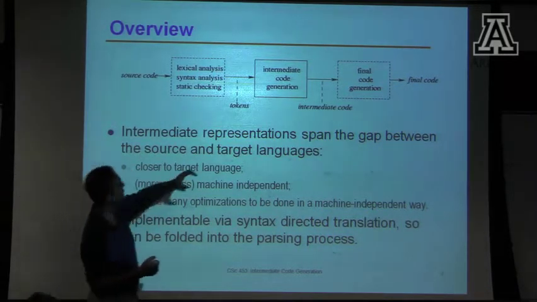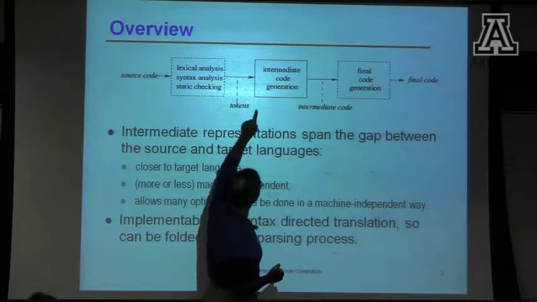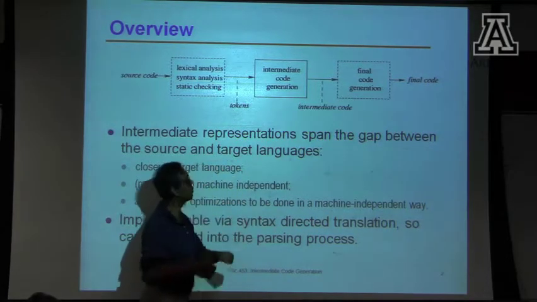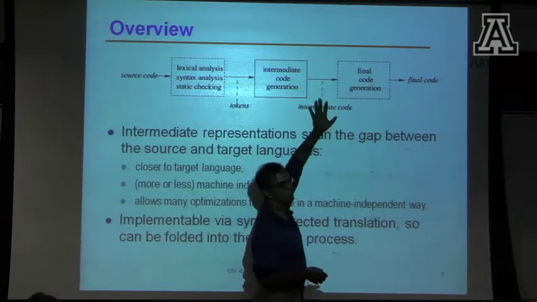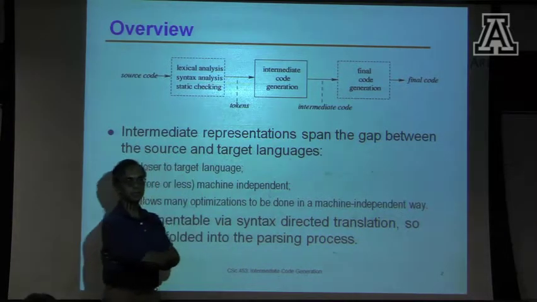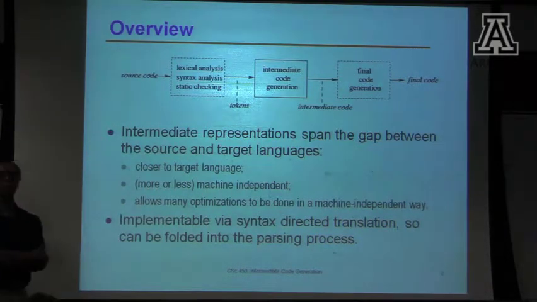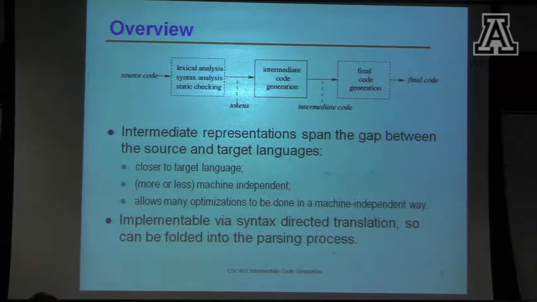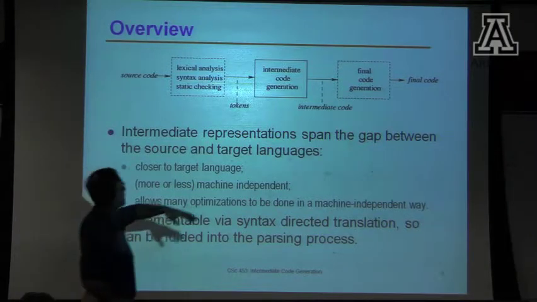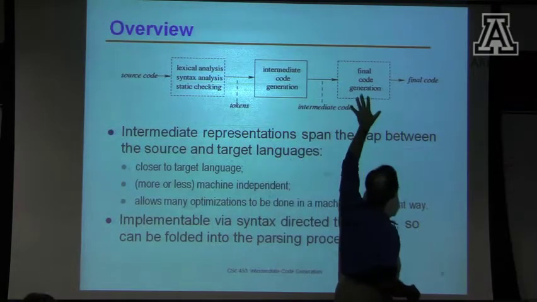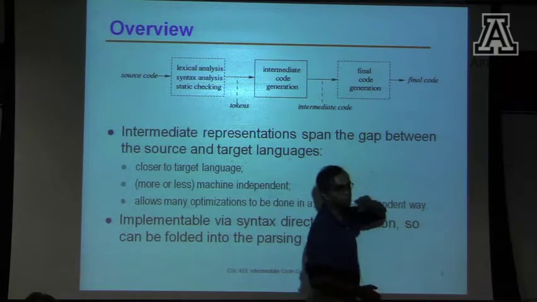Then you take this token sequence. The intermediate code generator then maps the token sequence to some different representation, intermediate code. And in fact, there might be more than one intermediate representation. And that eventually gets taken by the final code generator and gets mapped to final code.